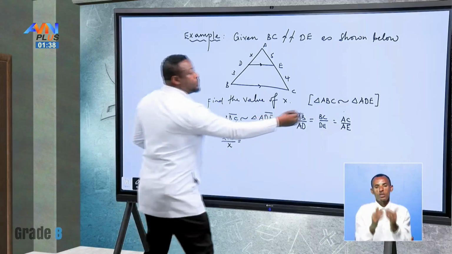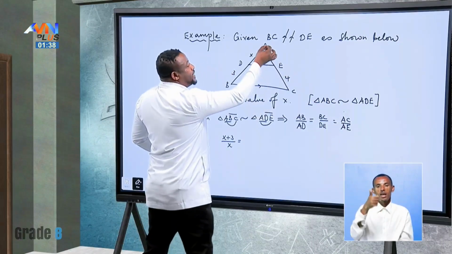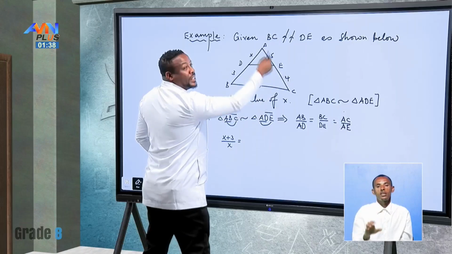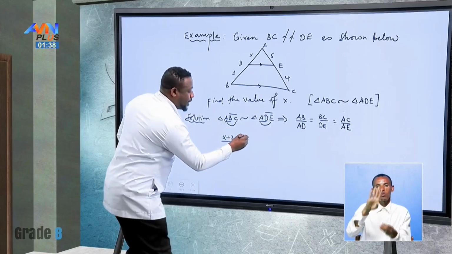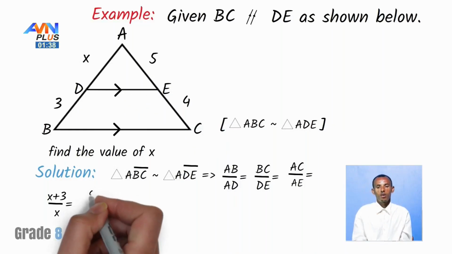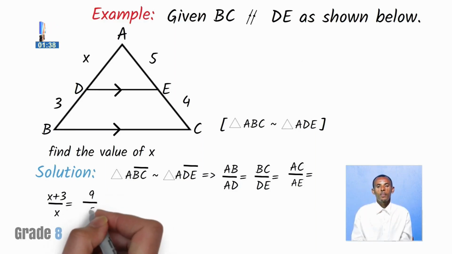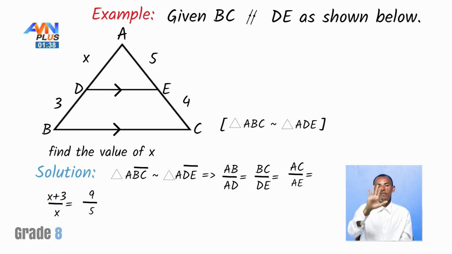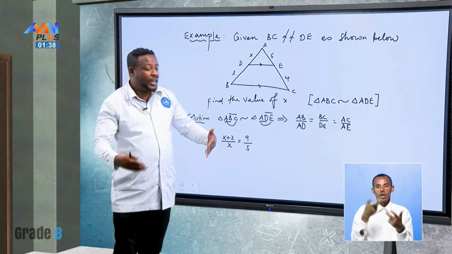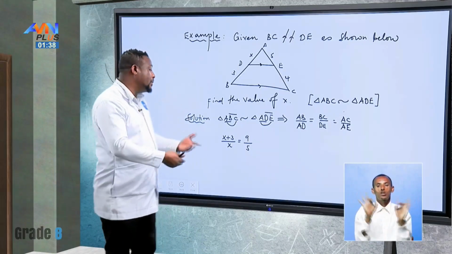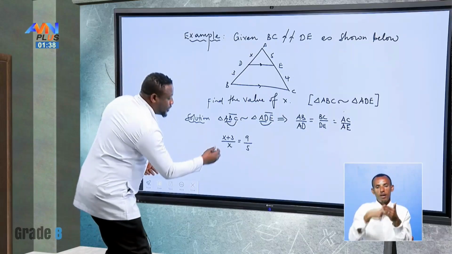That means the third proportion is AC. AC means the distance from here up to here. That means totally it's 5 plus 4, it's 9, over AE means this distance, so you can take 5. Now we have equations, so you can use simple crisscross to find the value of x. So let us crisscross it.